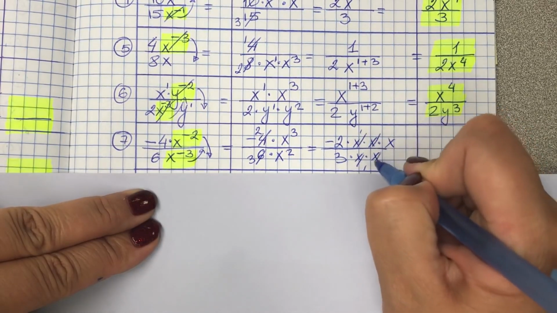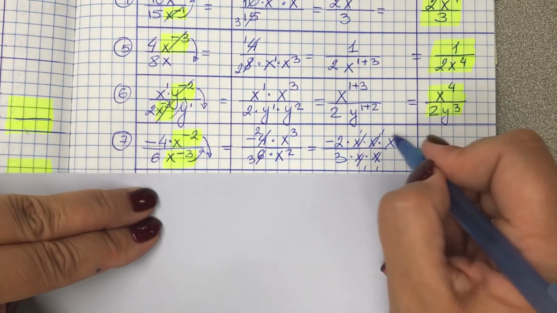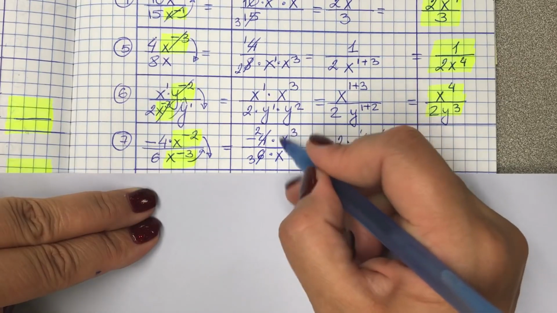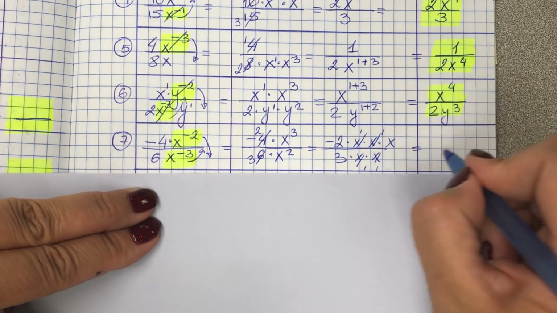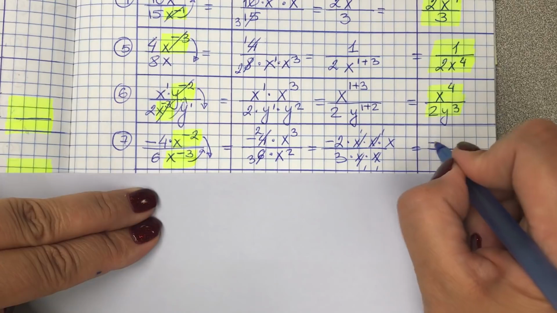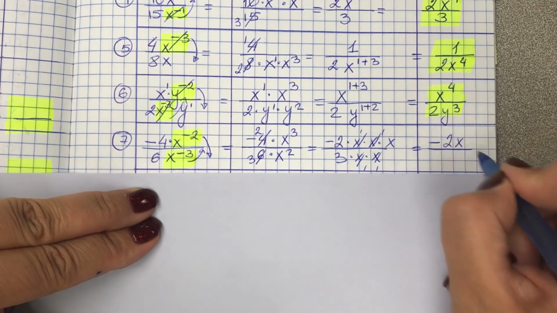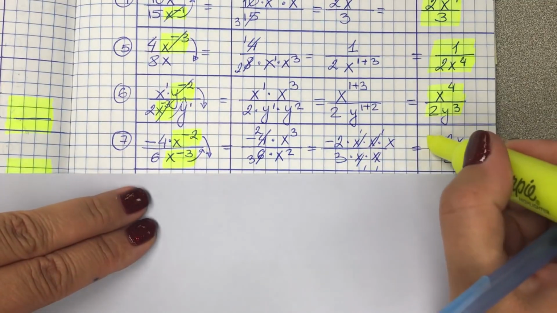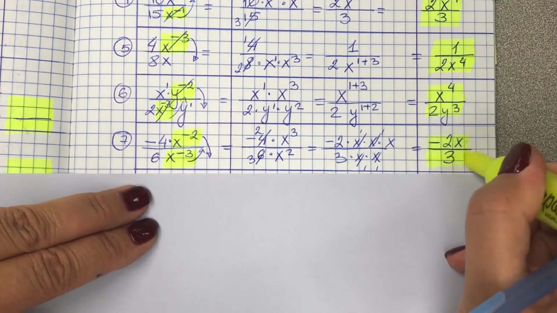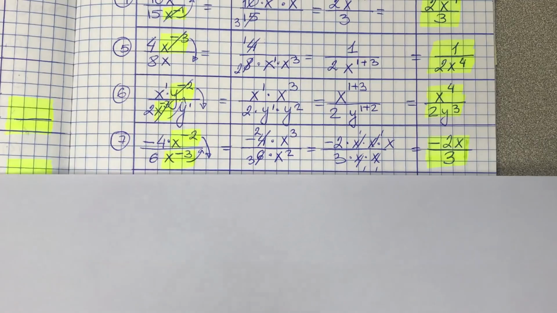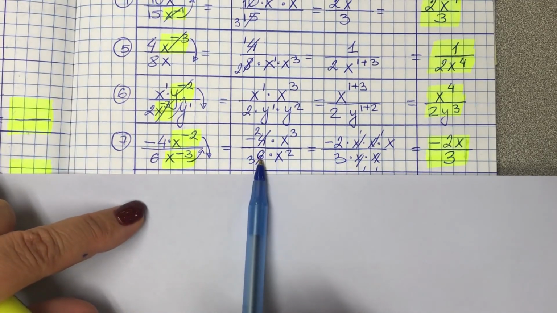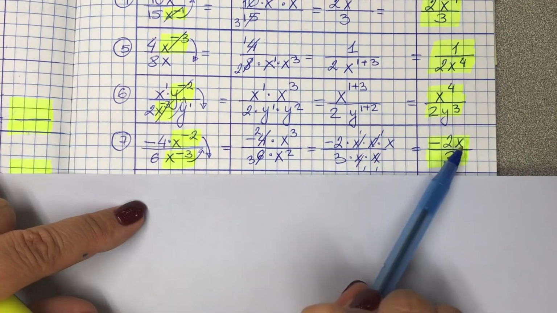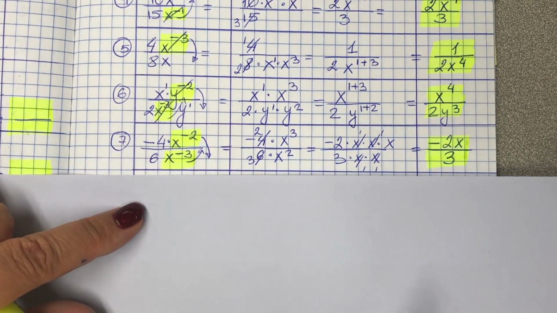Either way, we have 1x, which is 3 minus 2, 1x, still on the numerator because on the numerator the higher power. So I have negative 2x on the numerator over 3. The exponents are positive. Or from here you can just simplify the fraction and then use the quotient rule. 3 minus 2 is 1, and it is higher power on the numerator, so the x is on the numerator.